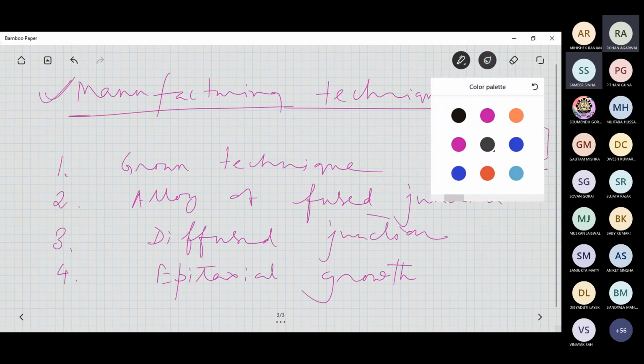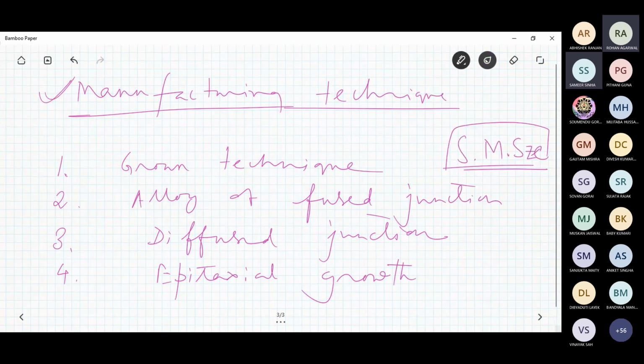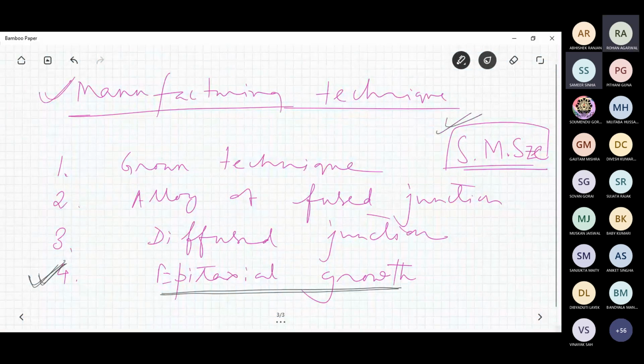All are somewhere down the line similar to any one of these four techniques. And presently, most of the semiconductor industries follow this epitaxial growth technique, due to several reasons. Okay, so there are four techniques, at least these four you remember, these are the fundamental techniques. Even if you come across any other technique which is discussed in SMG book, you will find that it falls under any one of these four categories.